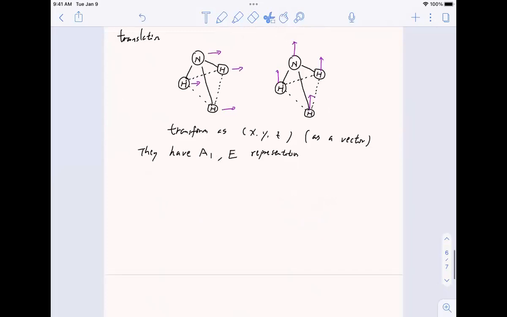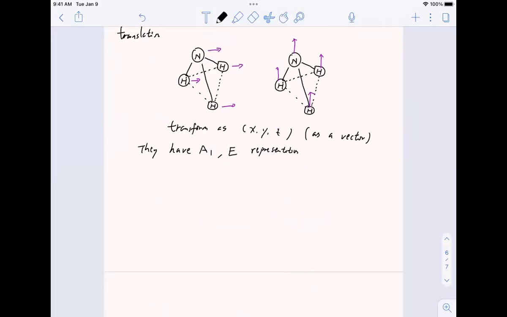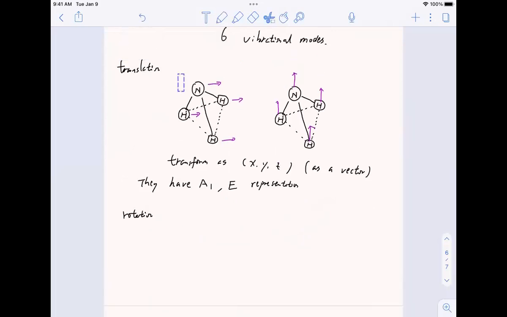Another one is rotation. Rotation is when this whole thing just rotates.